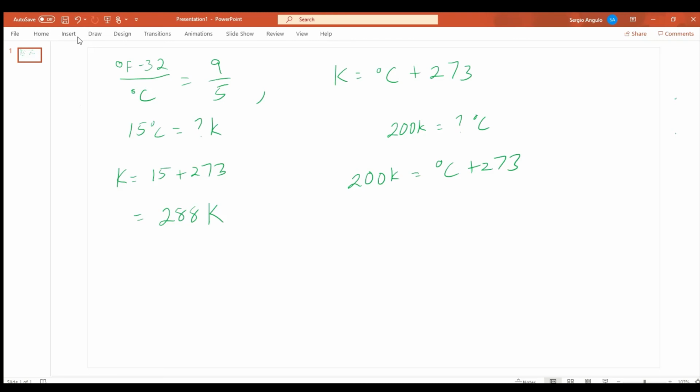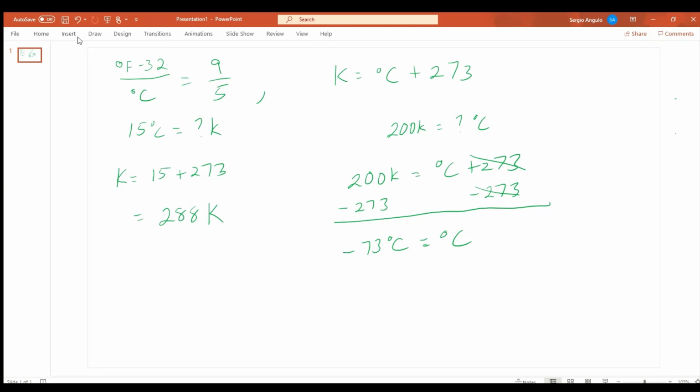So you subtract 273 from both sides. The 273s cancel on the right side, leaving you with degrees Celsius. On the left side, 200 minus 273 is negative 73. And since we're looking for degrees Celsius, we put degrees Celsius. That's how you would use this equation.